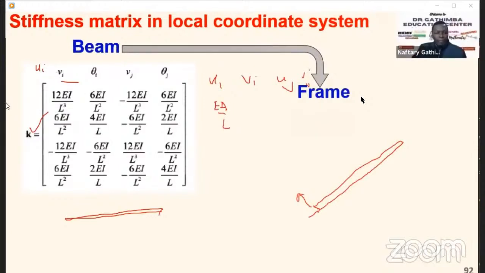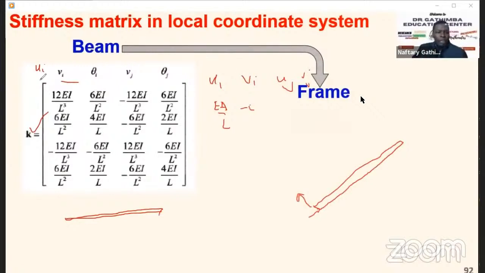It's like this. This is the beam element. We combine the beam element stiffness matrix with the truss element stiffness matrix, the EA over L, minus EA over L. And then we put it in the same matrix.